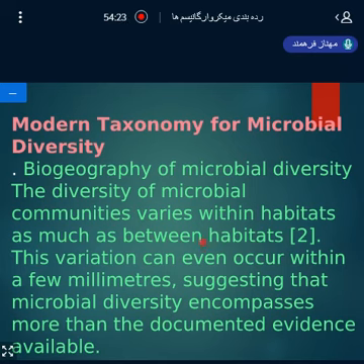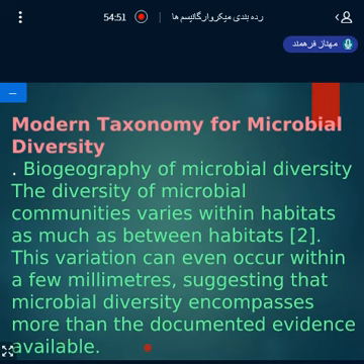So that is very interesting, that the diversity within habitats is much larger than between habitats.